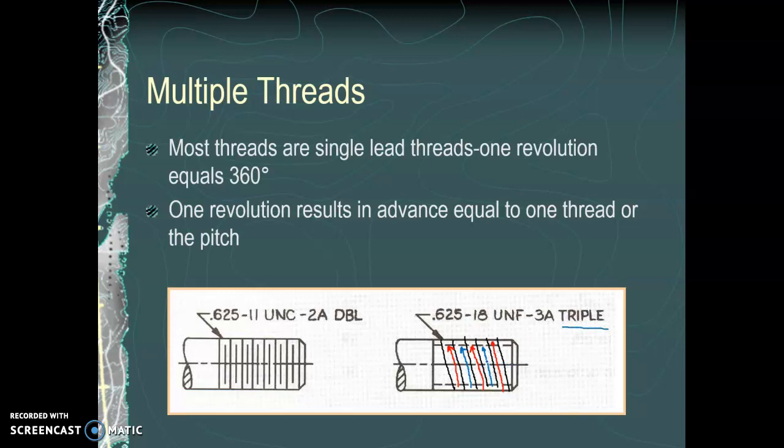So there should really be three different colors, three different parallel tracks. And this one is the double. So it's just a way to use the same size thread, but allow for the advancement of the fastener to be 2 or 3 times as fast.